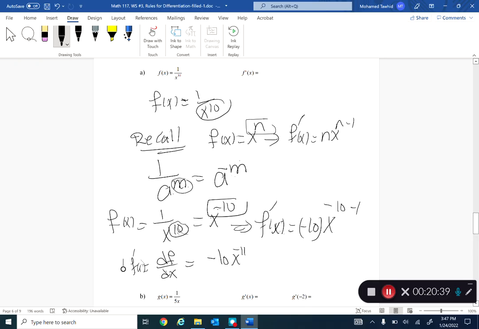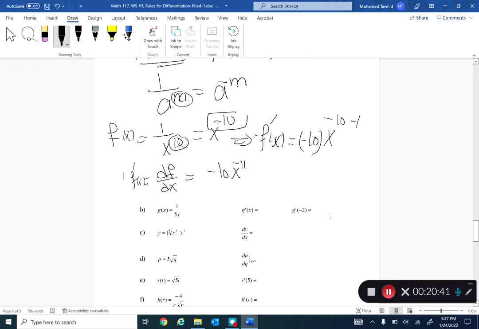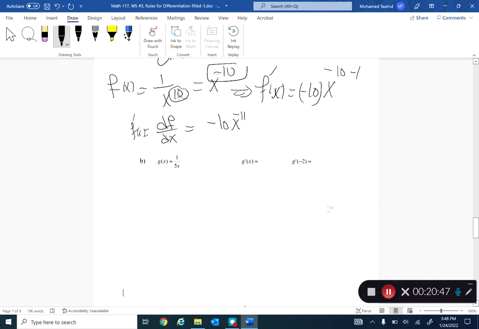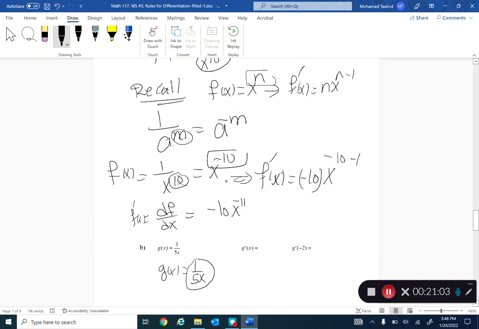All right, so that is something we have to know. Now I have another example here. Your g of x is 1 over 5 over x. So now that is a fraction. I'm going to show you this week how to get the derivative of a fraction, but here we are going to restrict ourselves to applying the rule for x to the power n.